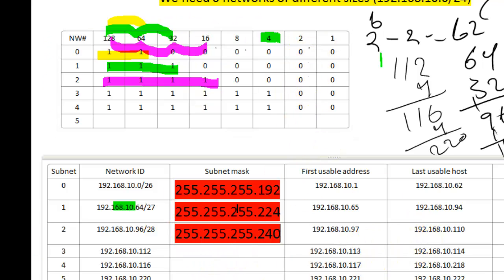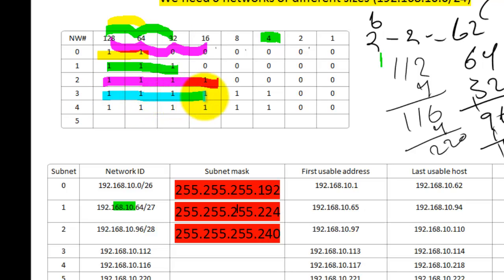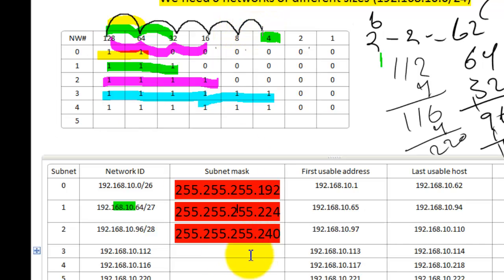Now let's move to the next one. 1 2 3 4 5 6. So we borrowed 6 bits. Now if we add 128 to 64 to 32 to 16 to 8 to 4, we'll find it is 252.